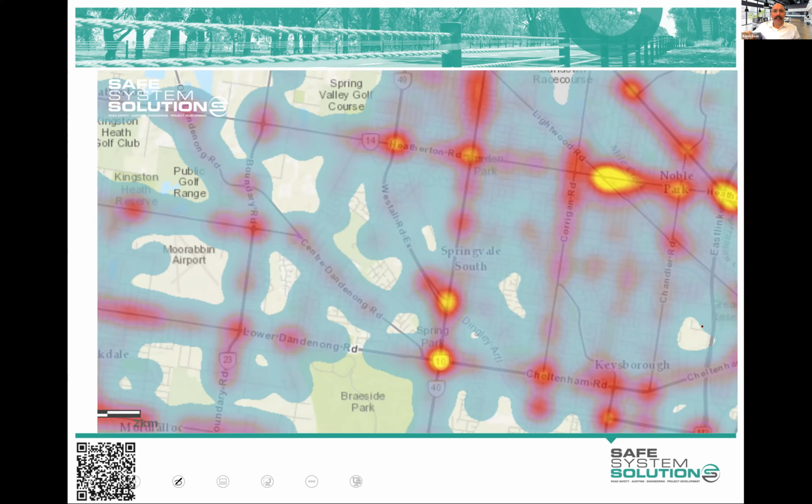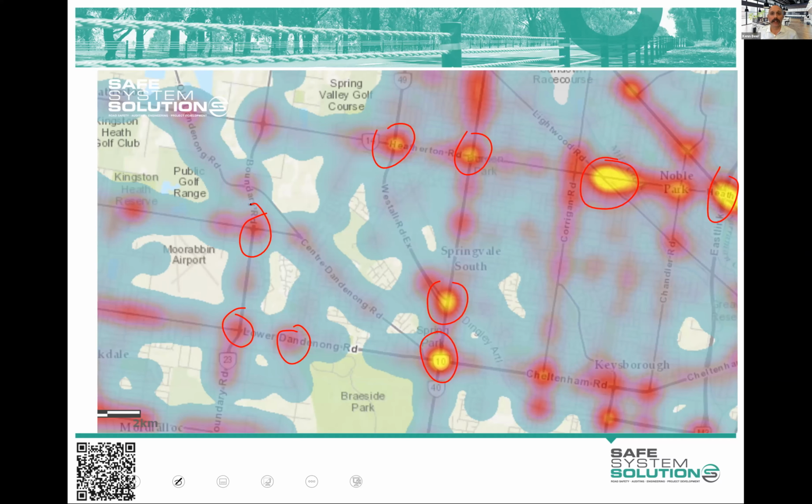And what we see there, every one of the hotspots is a large signalised intersection. That's one even there. They are all signalised intersections. And in fact, if you take New South Wales top 100 intersections for death and serious injury, the majority of them are signalised intersections.